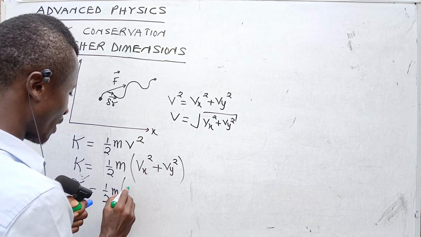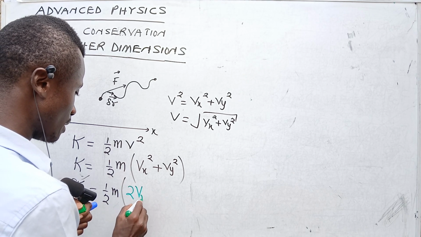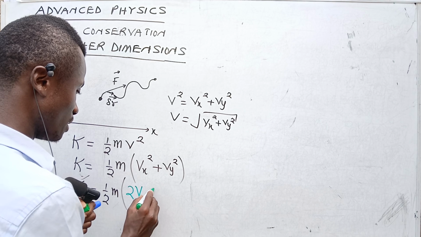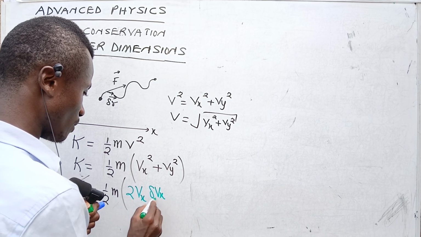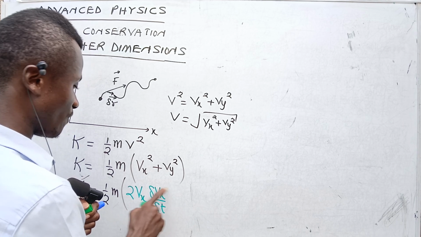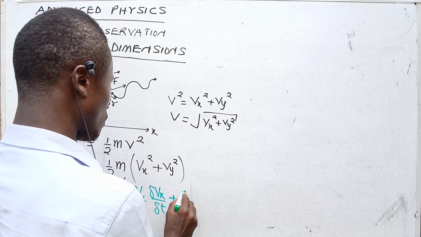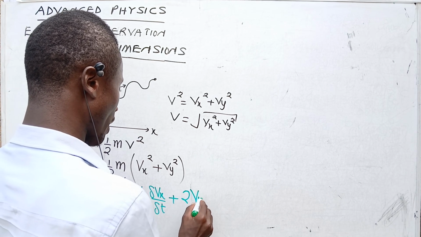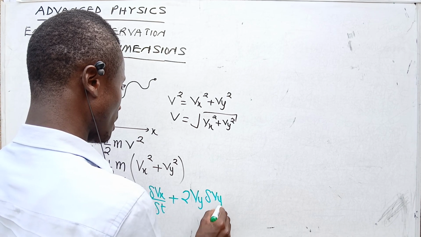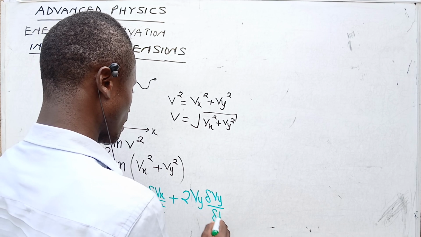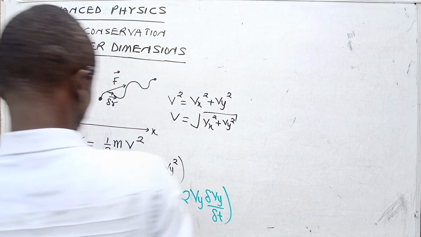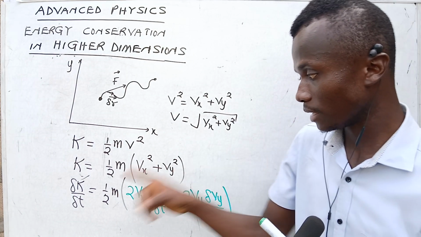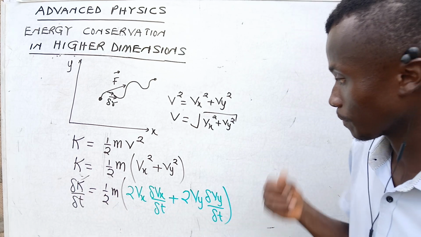So for the outside, we have 2 times vx, and for the inside, we have the change in vx with respect to time, dvx/dt, plus 2 times vy, dvy/dt. That is a change in the kinetic energy with respect to time.